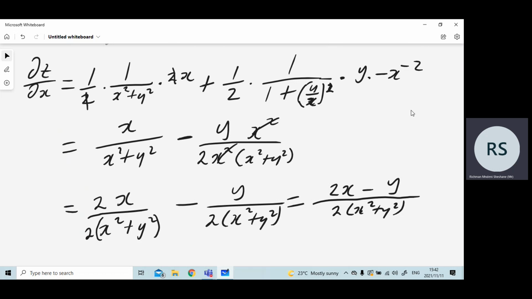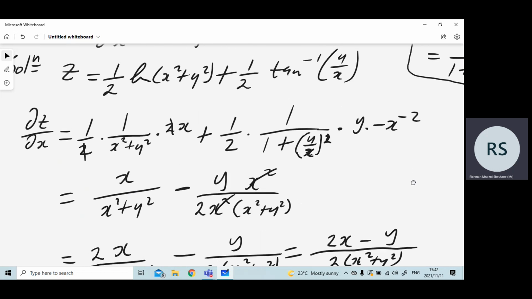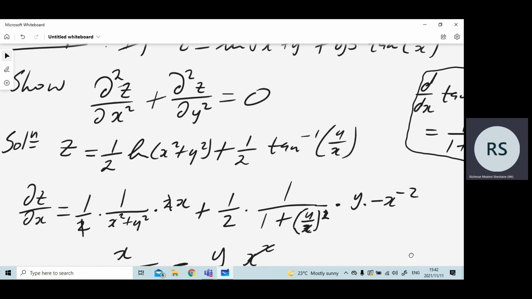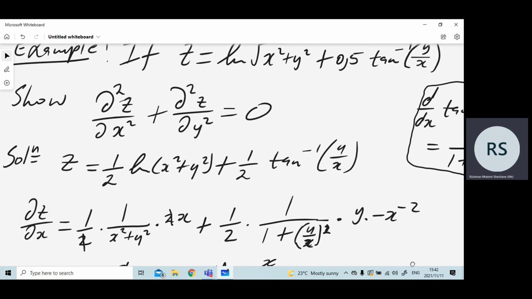My aim of finding this first partial derivative was to show the left-hand side equal to the right-hand side. My left-hand side has a second partial derivative with respect to x. But I found my first partial derivative because I know from my first partial derivative I'll derive again and find the second partial derivative with respect to x.